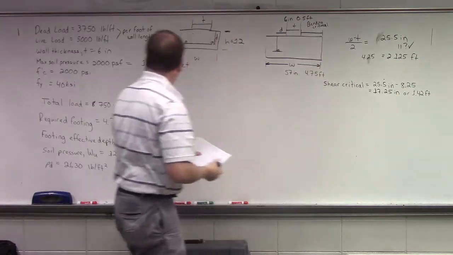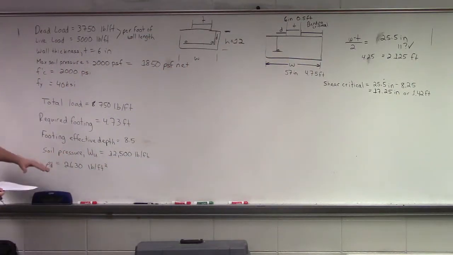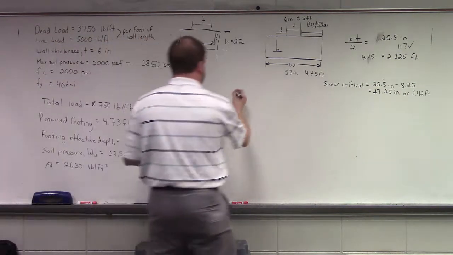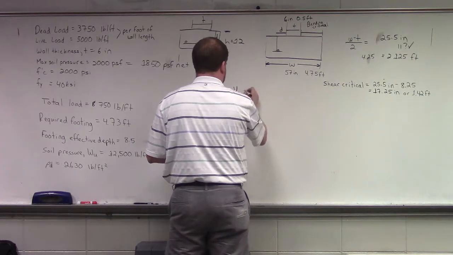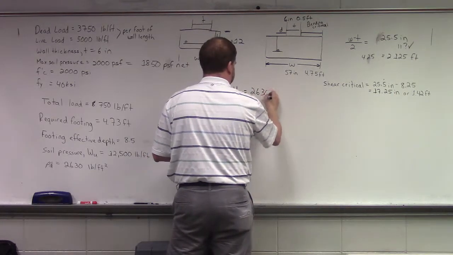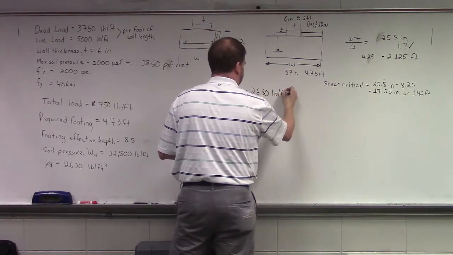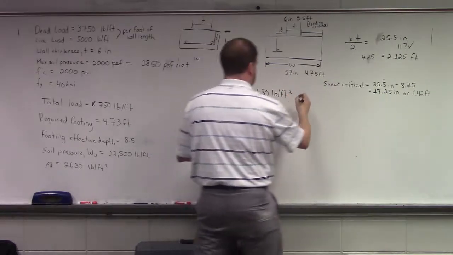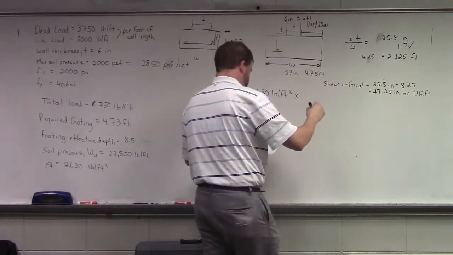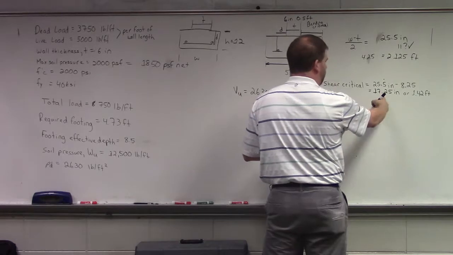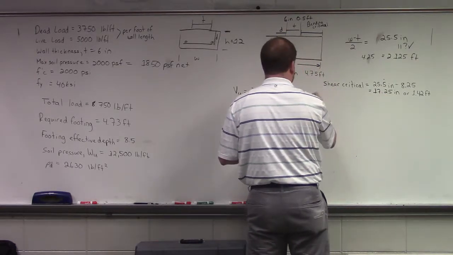And your ultimate bending is going to be that bending moment, our 2630 pounds per foot. What step was that? The PD? And then you multiply it by your shear critical dimension.